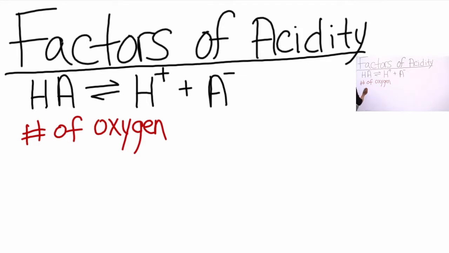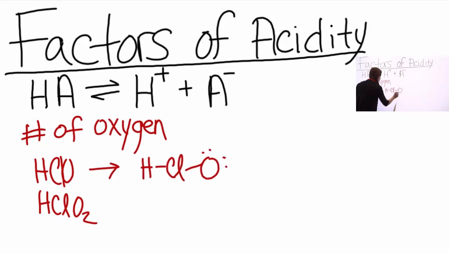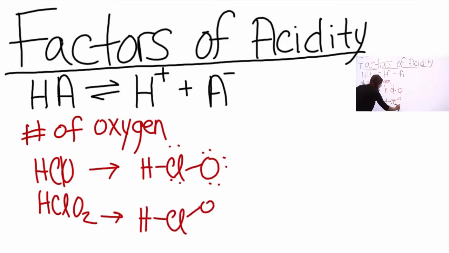When you add oxygens to your anion, so let's say you have HClO versus HClO2, it helps to look at the structure of these molecules, so we're going to draw them. So we have an H attached to a chlorine, which is attached to an oxygen. So there's going to be 6 electrons here, 2 electron pairs here, and each of these has 3 electron pairs, and this will have 1 electron pair.